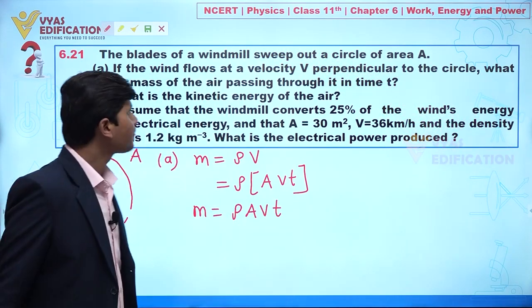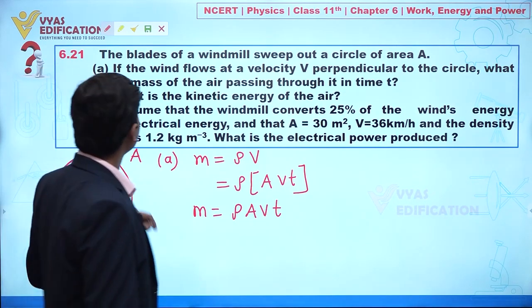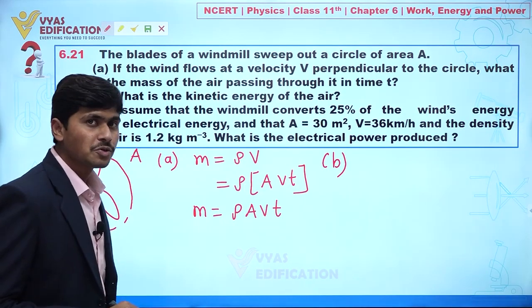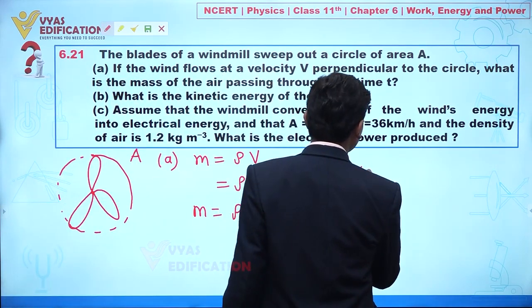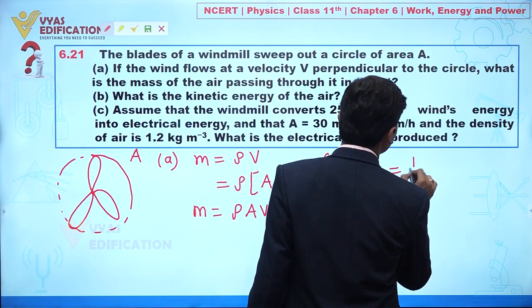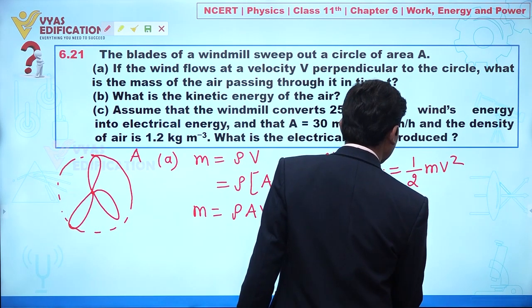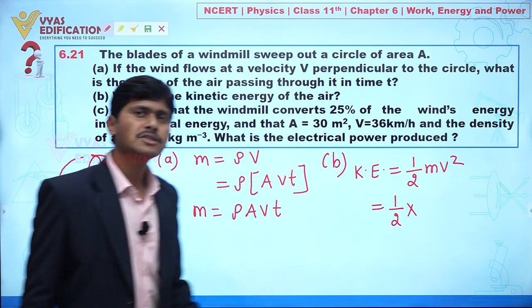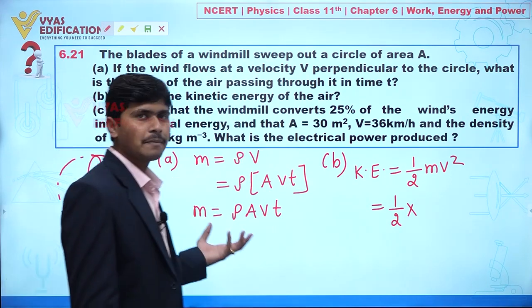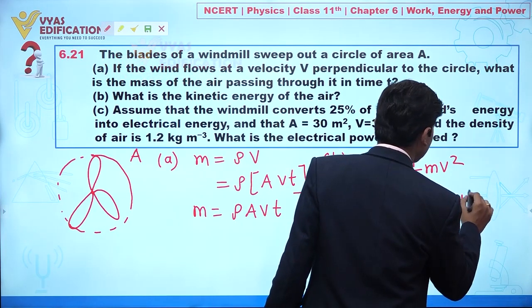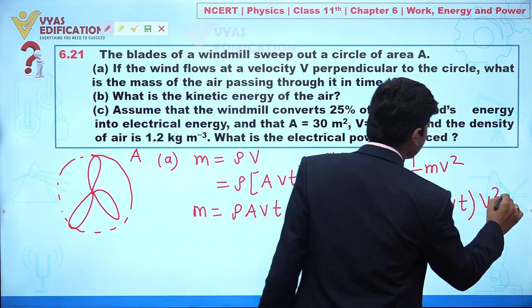Now it is also given in part B, what is the kinetic energy of the air. Kinetic energy is given by half m v square. Half m, where the mass of air passing in time t is rho A V t, and this is V square.